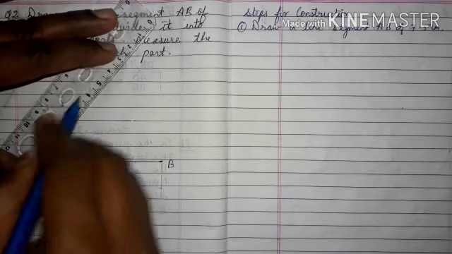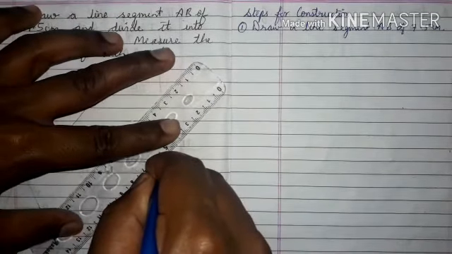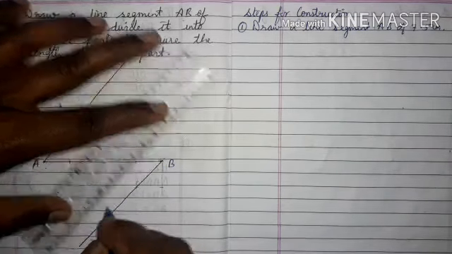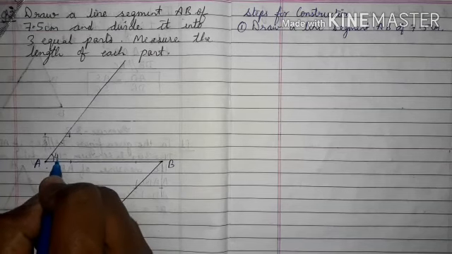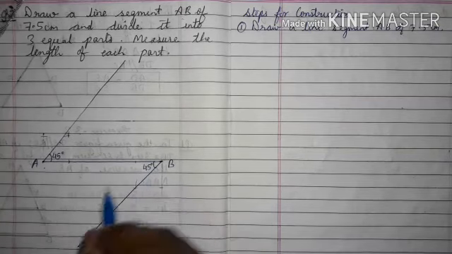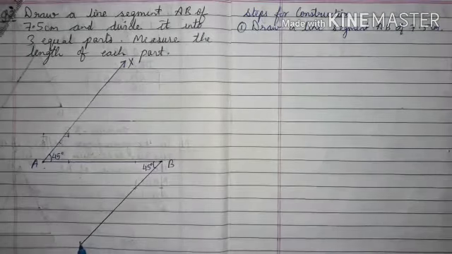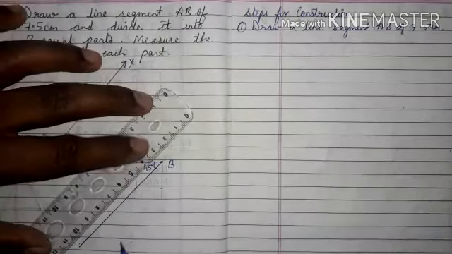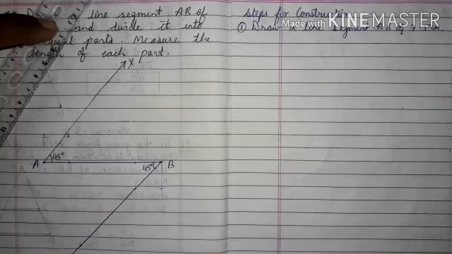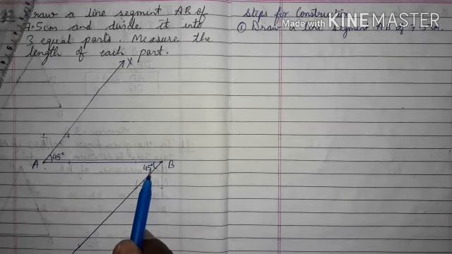I don't have a protractor just now, that's why I am using a scale only, but you have to measure by your protractor and make angles of 45 degrees. Both the angles should be equal.